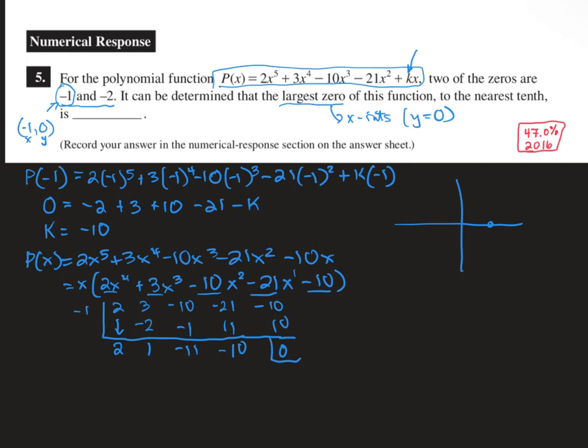All right, now we're just going to go again. I'll do a different color and use the other zero that was given, the -2. Carry this down to -4, -3, 6, -5, 10, -1. Oh, sorry, that is not -1. That is 0. Alrighty.